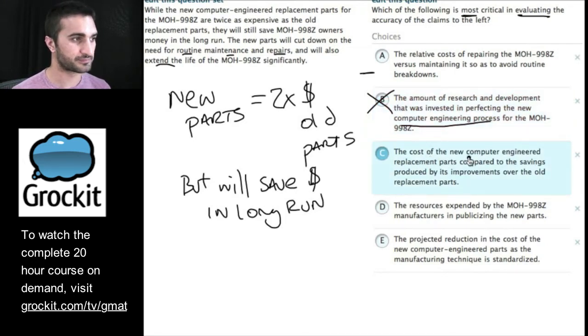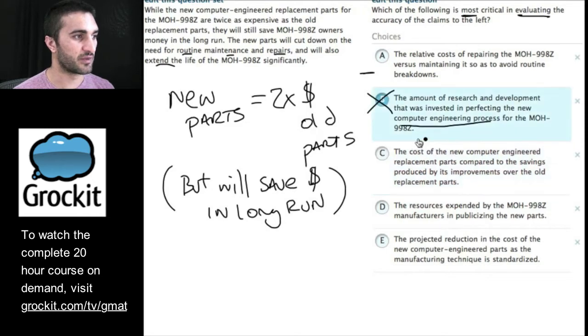The cost of the new computer engineered replacement parts, okay, this is definitely in there, the cost of the new parts compared to the savings produced by its improvements over the old replacement parts. Well, that's what they're talking about. They're saying that it'll save in the long run, so they want to compare the costs of these new parts, which are 2x, versus the savings, as we talked about here, over the old replacement parts.